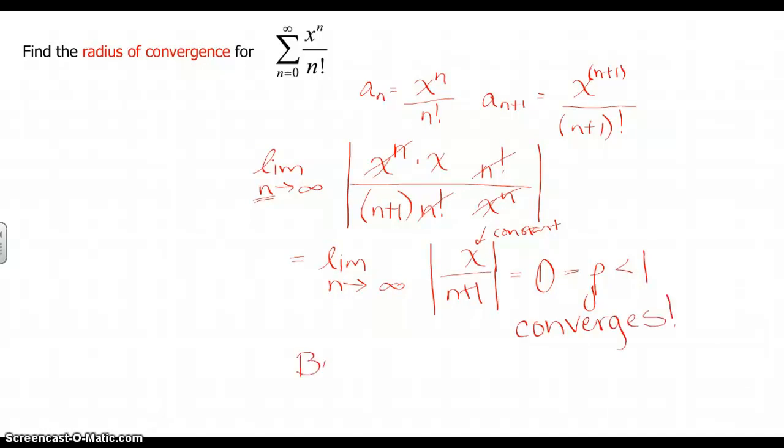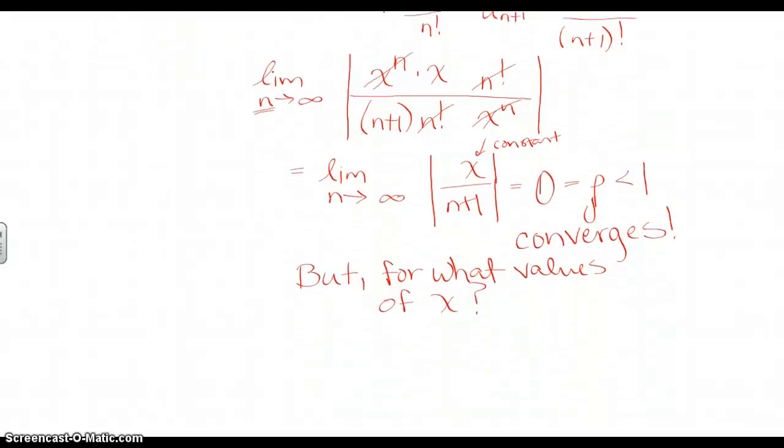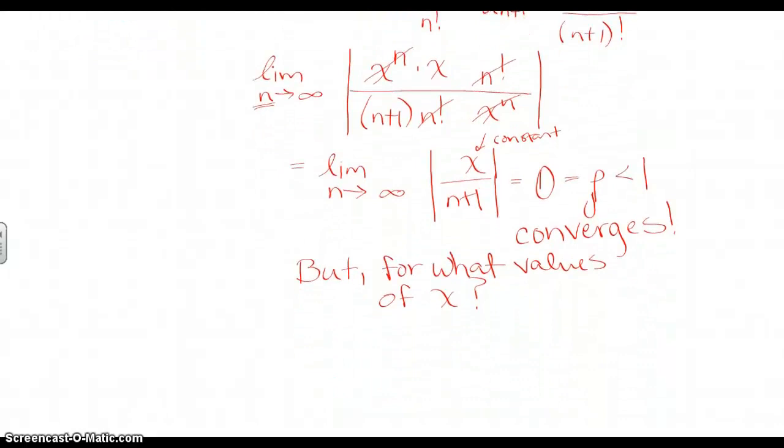But for what values of x? Is there an x value that I can put into this limit where this thing doesn't converge? Any x value from negative infinity to positive infinity.